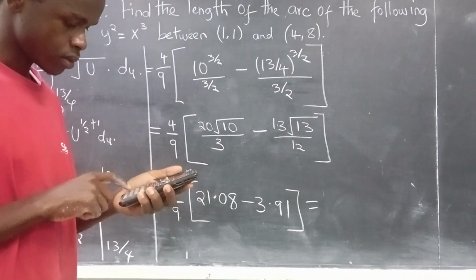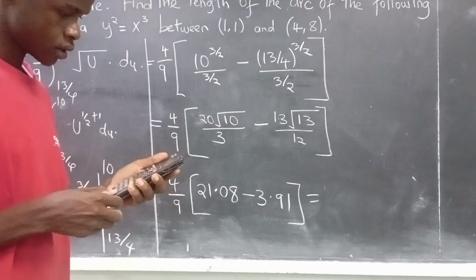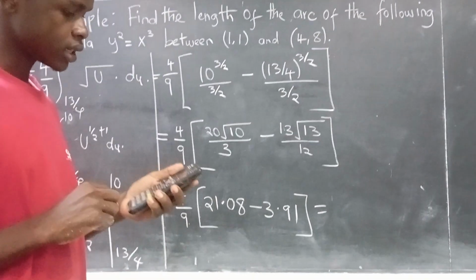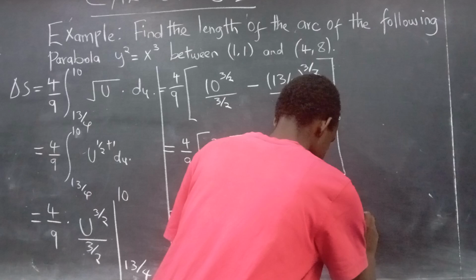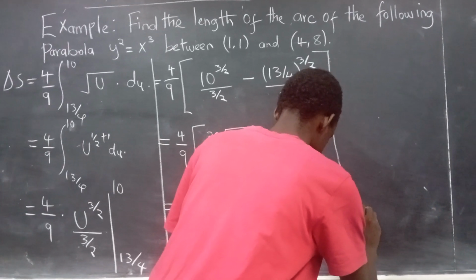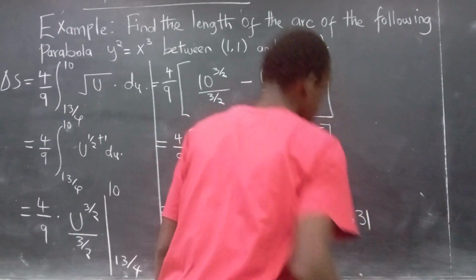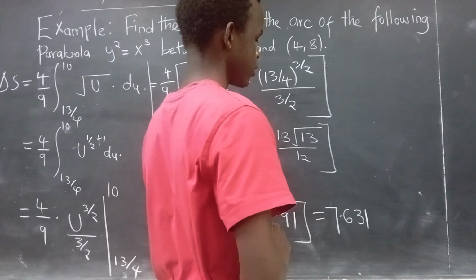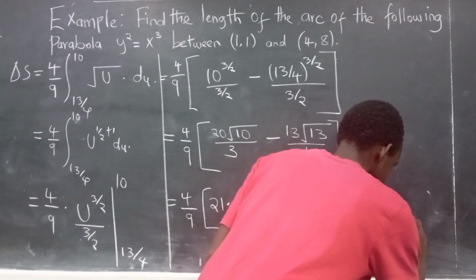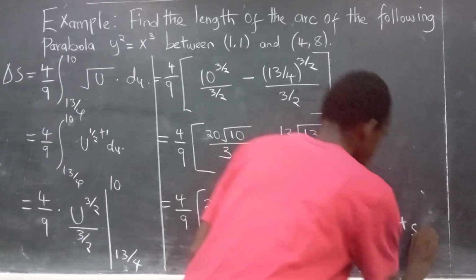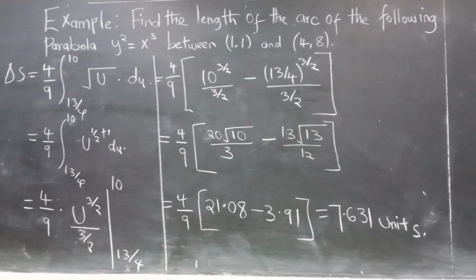So the answer multiplied by 4/9, my final answer in terms of decimals, will be 7.631. Those are four significant figures. I'll write it with its units.